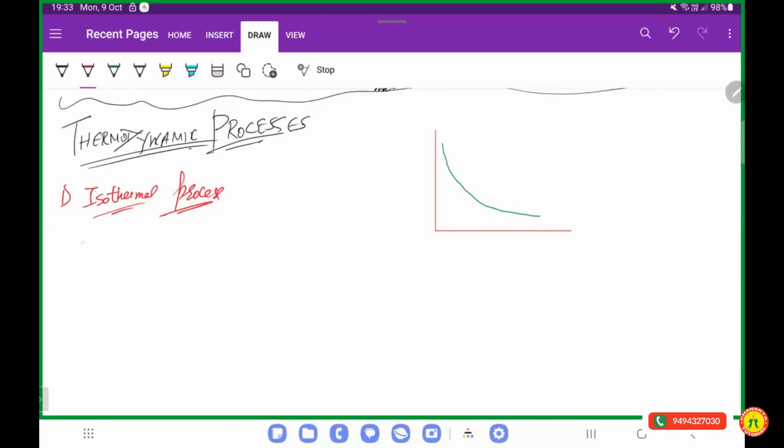So if thermodynamic process is happening here in surrounding, temperature is constant. So PV equals nRT, and temperature is constant.